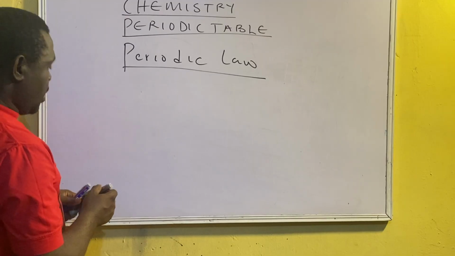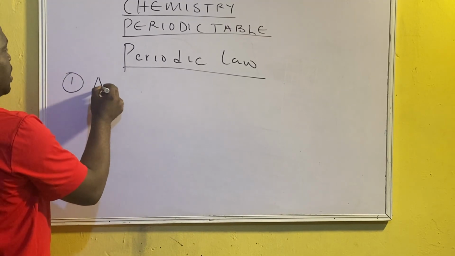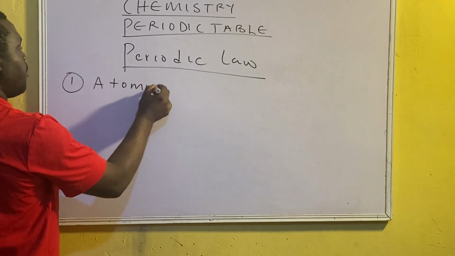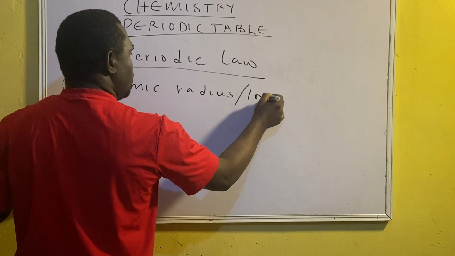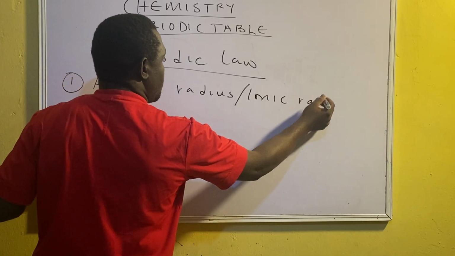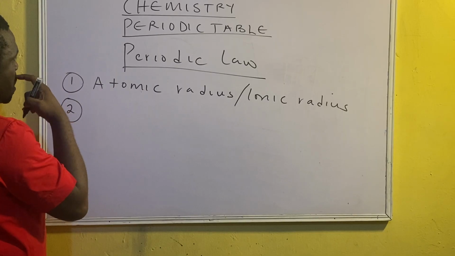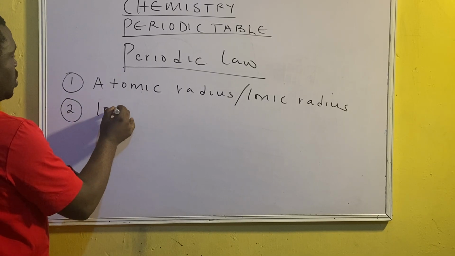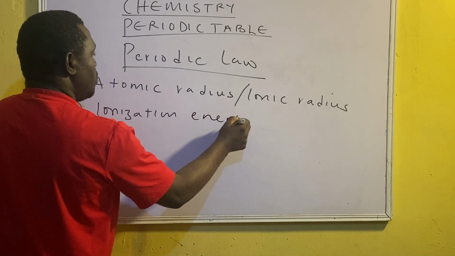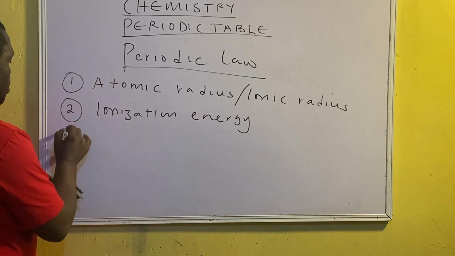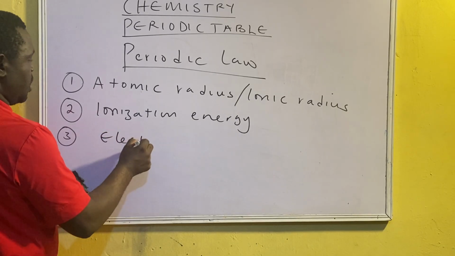Now, so we go back to those properties. What properties? Number one, atomic radius and ionic radius. Number two, we have ionization energy. Number three, we have electron affinity.